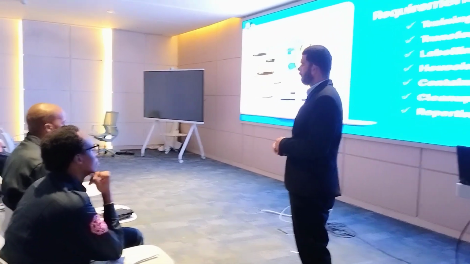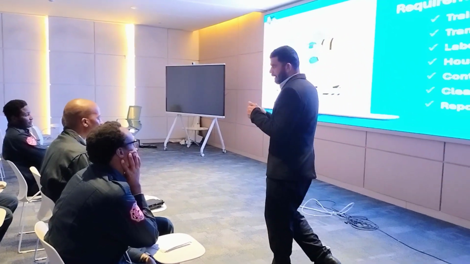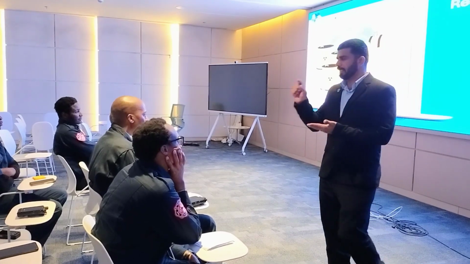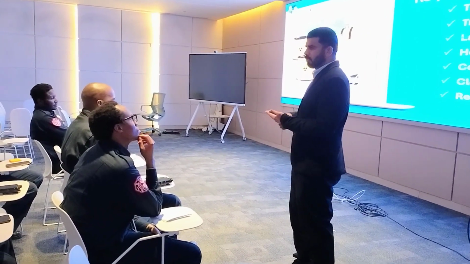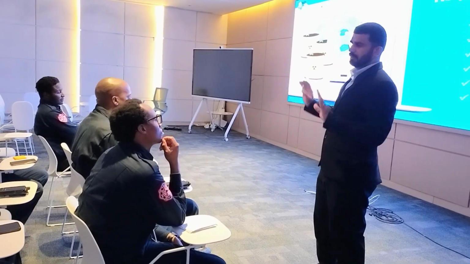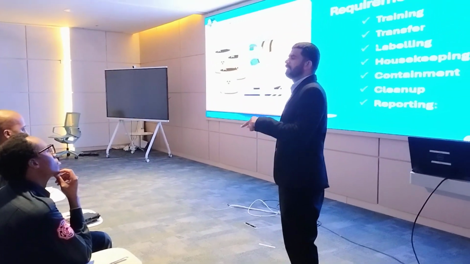Got it? Third one is labeling, which I already discussed. How can we label it? As per its details: what kind of material is inside, how much hazard it poses, what its health effects are, how dangerous it is for a person, and what PPE is required. Each and everything should be labeled as per its toxicity and flammability.